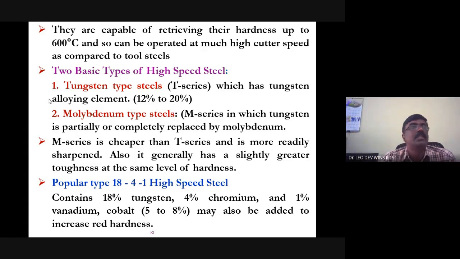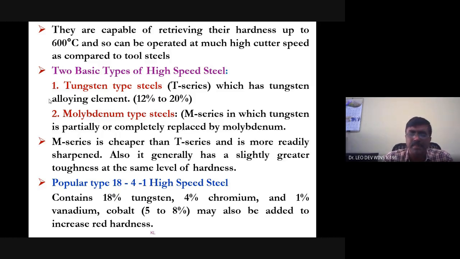Normally, this question would be asked even in your interviews or competitive examinations: what is 18-4-1 high speed steel? The 18 means it contains 18 percent tungsten, 4 percent chromium, and 1 percent vanadium.